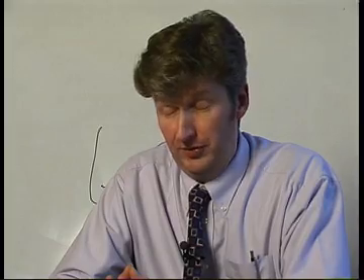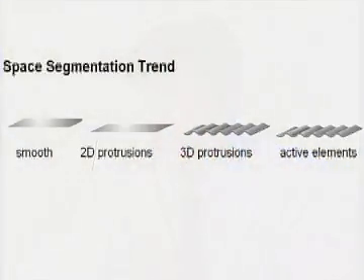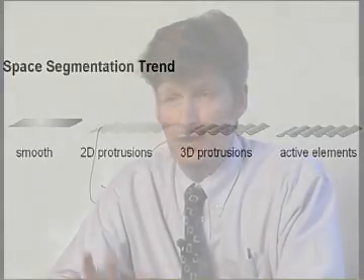The slide at the bottom of the picture then is another trend, surface segmentation. Things starting off smooth, becoming roughened, and then adding active elements. And even though this one might look a little bit odd, it tells us somewhere there's an advantage in moving to the right along the trend. So if I think about an aerodynamic surface, for example, then historically we thought that we need to make those surfaces as smooth as possible to reduce the drag.